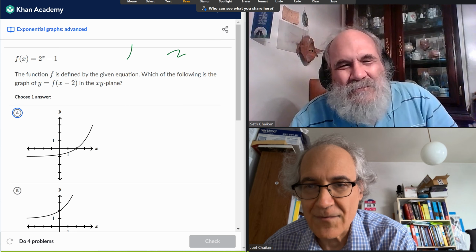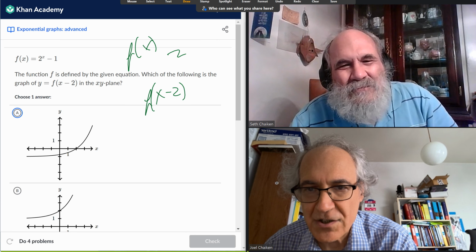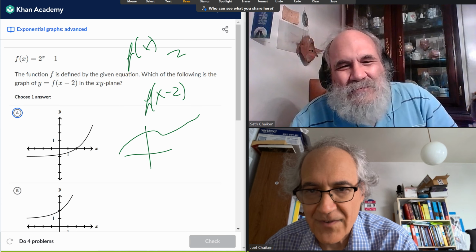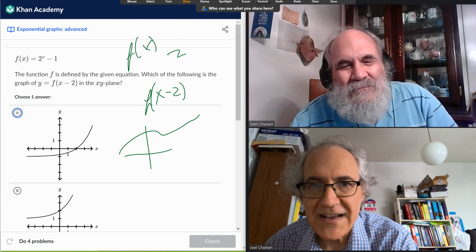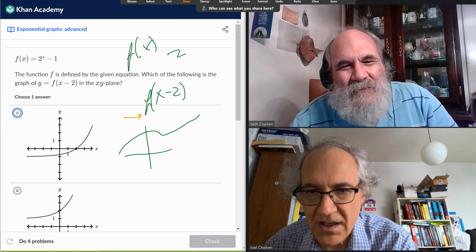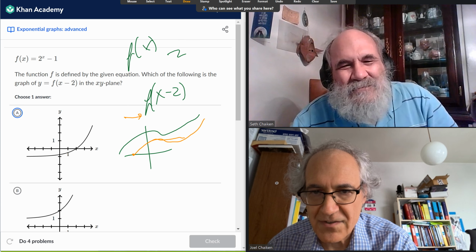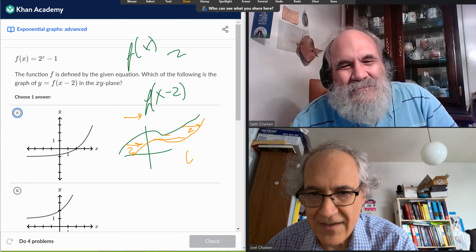This is really a question of transformations of functions as opposed to exponential functions, because it doesn't really matter what the function is. If you have a function f of x and you want to see what f of x minus 2 is, then if this is the graph of f of x, f of x minus 2 takes the graph and moves it 2 in a horizontal shift. So you go 2 here, and as long as this is a 2, then you have it.